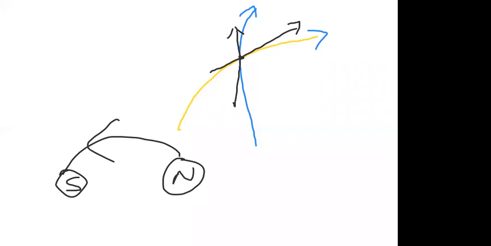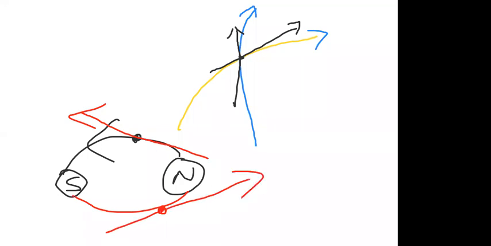Here I want to find the magnetic field. I am drawing one tangent at that point. Wherever you want, suppose I want to find the magnetic field here, I draw one tangent. Remember this: the tangent drawn at any point to the field line gives the direction of the magnetic field at that point.